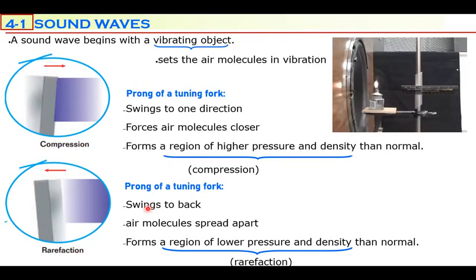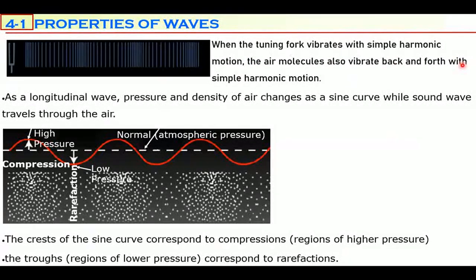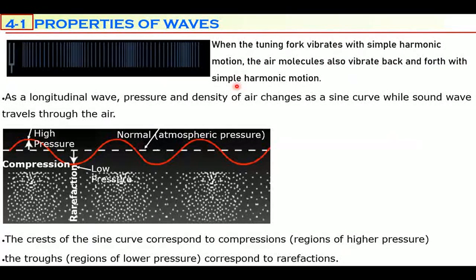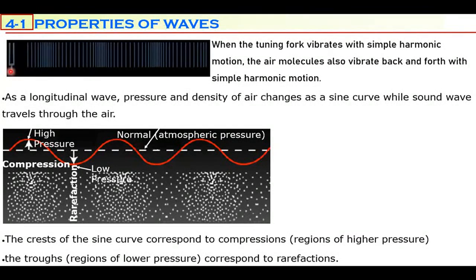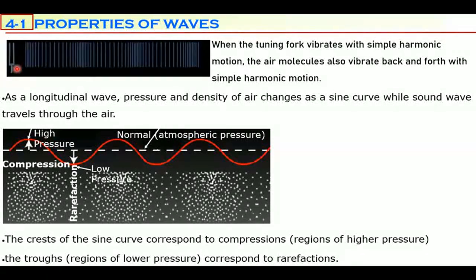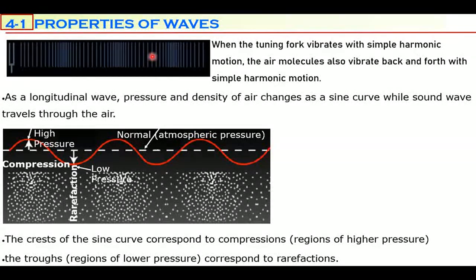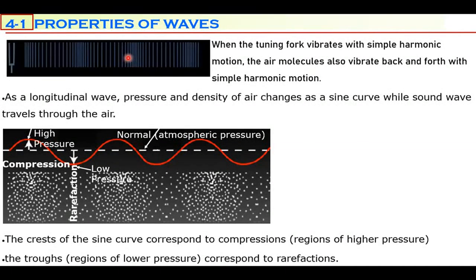When the tuning fork vibrates with simple harmonic motion, the air molecules also vibrate back and forth with simple harmonic motion. The tuning fork is the simplest device which produces sound. Because the prongs are vibrating with simple harmonic motion and setting the air molecules into vibration, the air molecules also vibrate with simple harmonic motion, and then produce regions of low pressure, high pressure, low pressure, high pressure, and so on.